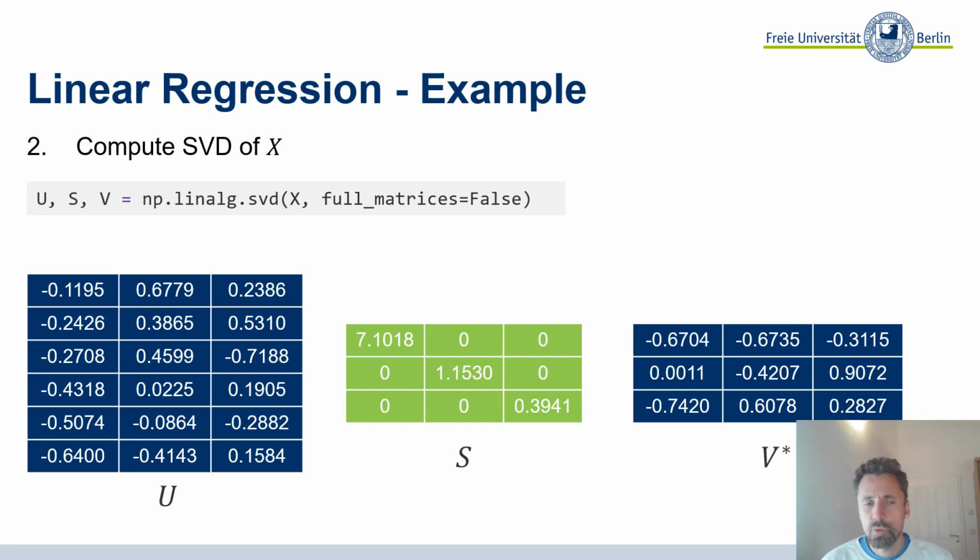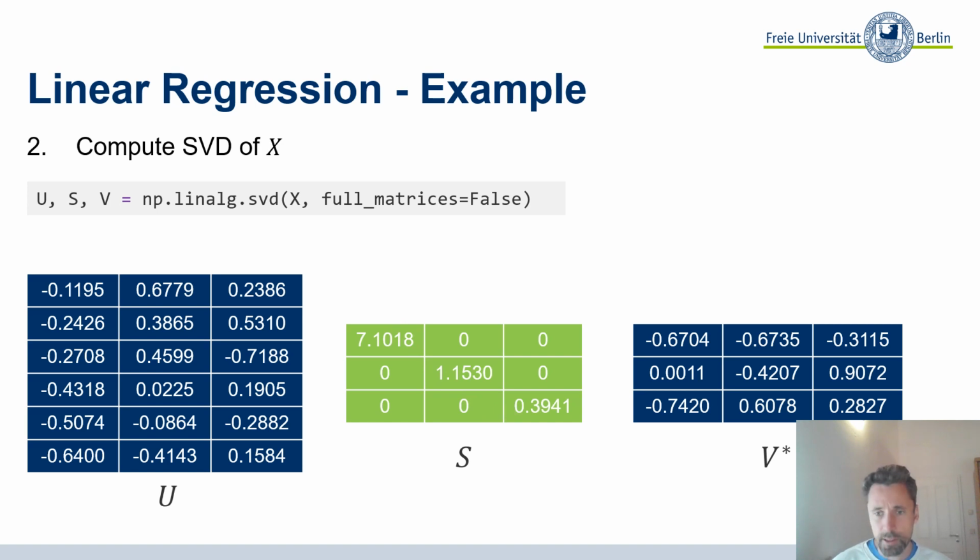And the first step is to compute the singular value decomposition of this matrix X, which I hope you will believe me will look like this. And look at this sigma or S matrix.